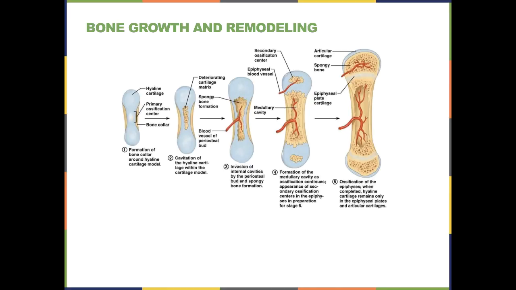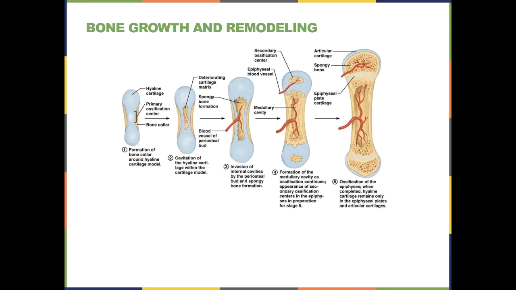Number 4 shows the next step, which is the formation of a secondary ossification center on each end of the bone. The secondary ossification center is separated from the primary ossification center by the epiphyseal area. And the blood vessel that feeds the secondary ossification center is called the epiphyseal blood vessel.